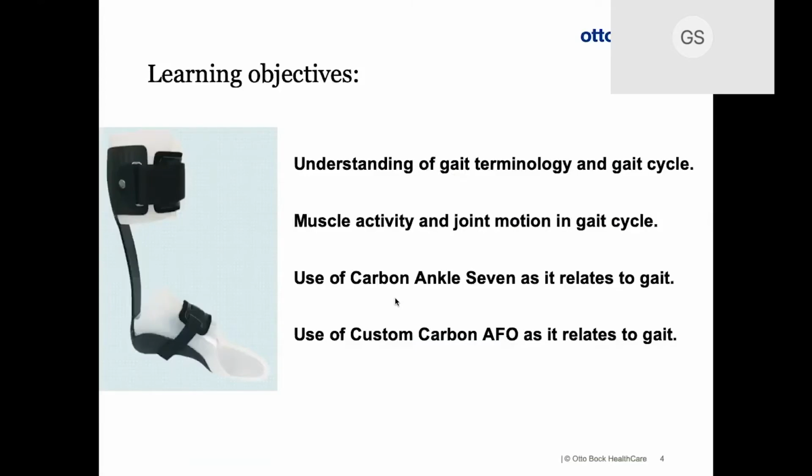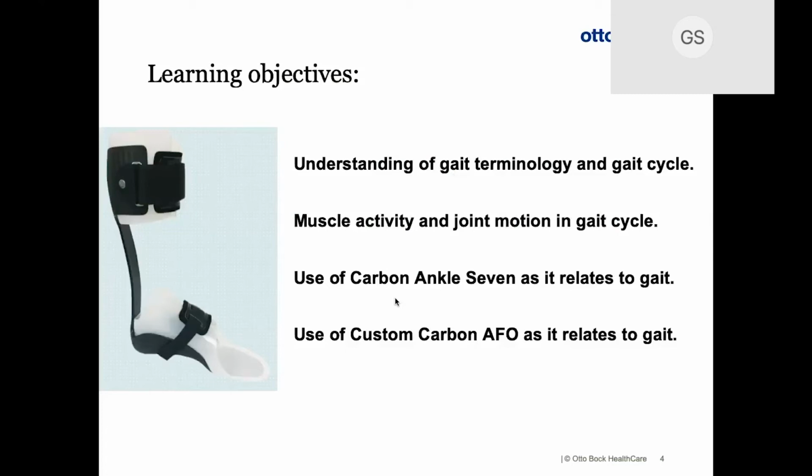So the learning objectives obviously are to look at gait terminology and understand it a little bit better, but also look at double support and what it means, not only in terms of mobility, but also protecting the patient and maintaining their mobility throughout life, but also not just at the ankle, but the knee and the hip as well. So we're going to look at the muscle activity and joint motion.